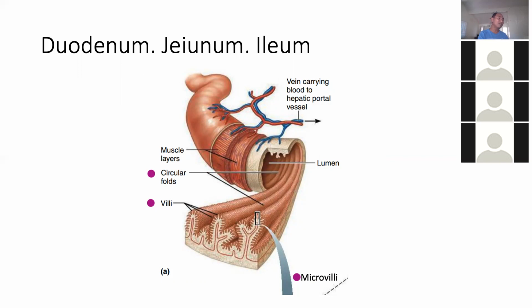It is also folded like an accordion, longitudinal folds, transverse folds. And even in the folds, there will be little villi. And the villi are made of microvilli as well. It's just to increase the surface area as much as they can in a small tight space.